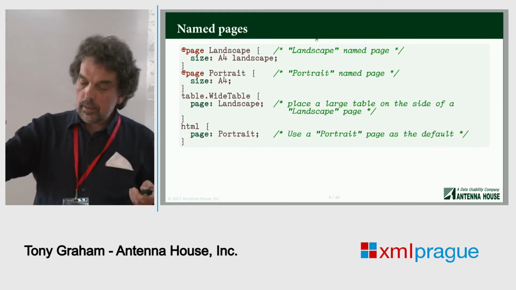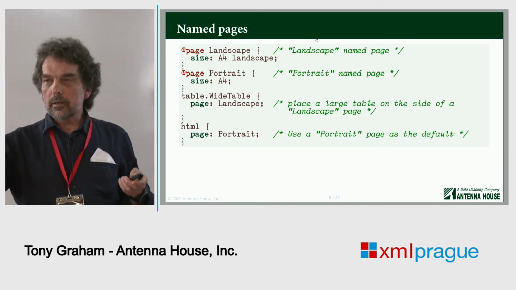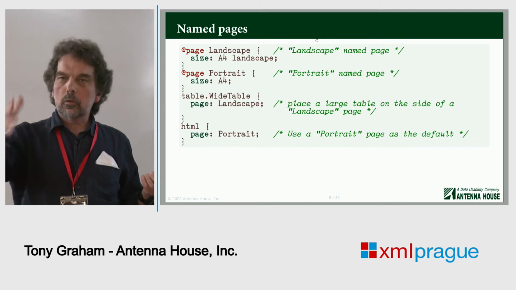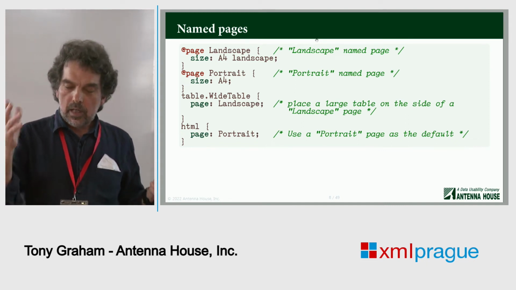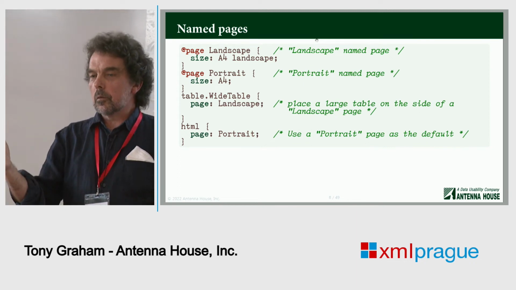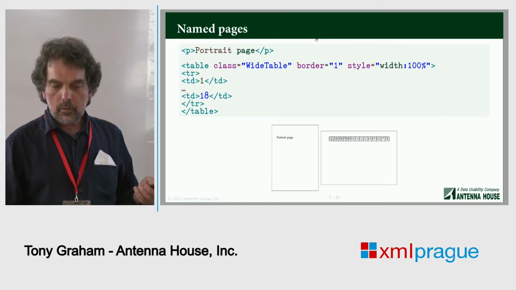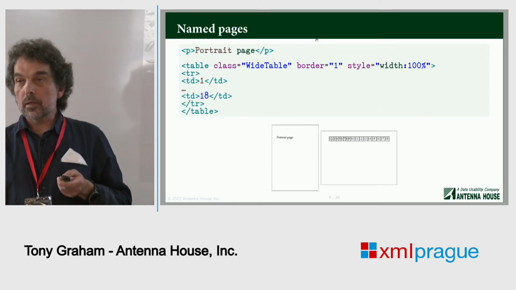And we're using these in our rule for tables in the wide table class, and the default we're using for all of our HTML is to use the portrait size. So you would expect that most pages are A4 portrait, and unsurprisingly, for the wide tables we use a different page master.